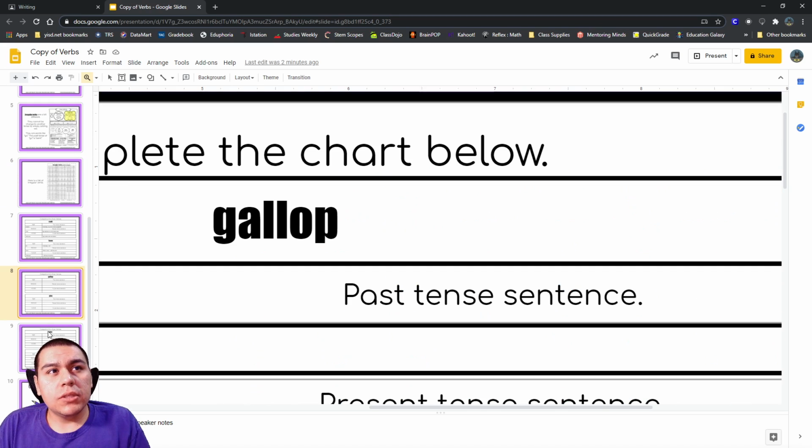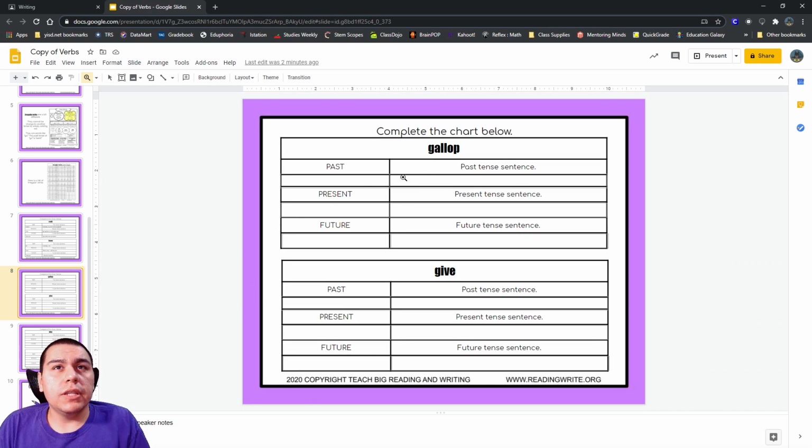So I'm going to give you some time. I want you to fill out the charts on slide 8 and slide 9. After we finish working on those, we're going to come back together and we're going to see what our verb should have been, and we'll see if we can find some really good sentences. Okay? So go ahead and start working on those. Slide 8 and slide 9.